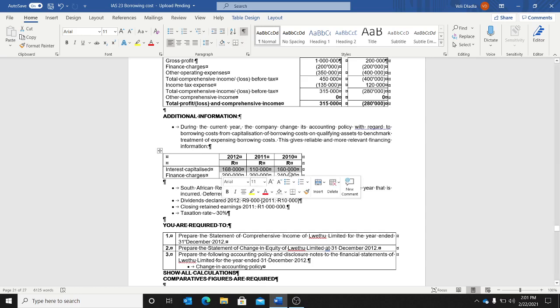If, for an example, I'm sitting with 240 currently in the income statement, when I bring back 160, it means that in 2010, my new figure in the income statement should be 400,000. Because I'm sitting with 240, if I take out this amount from the balance sheet and I put it in the income statement, it increases my expenses to 400,000. Right.